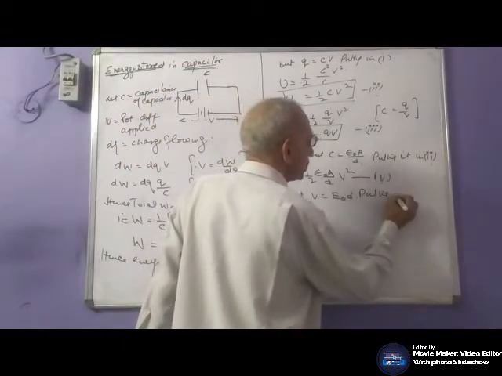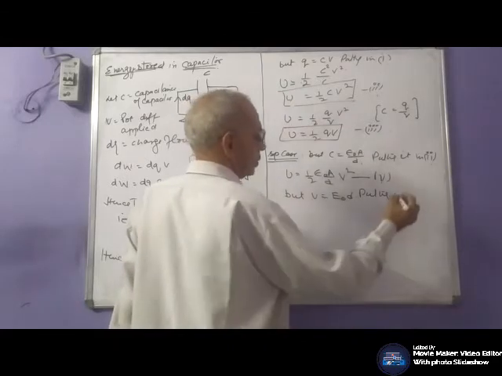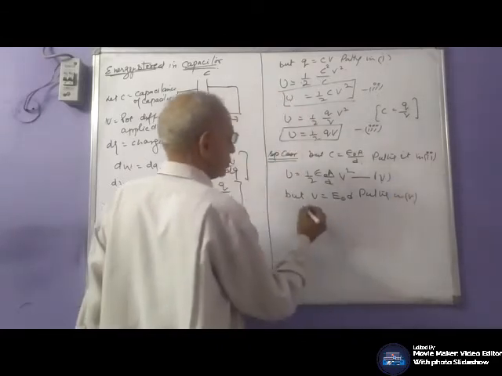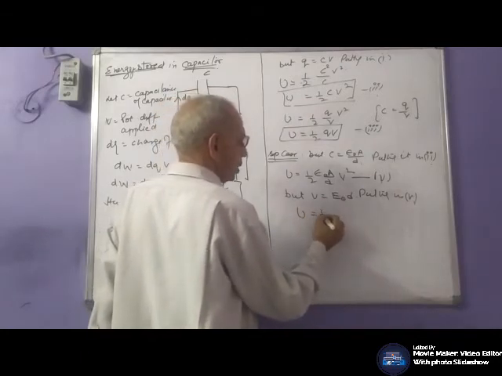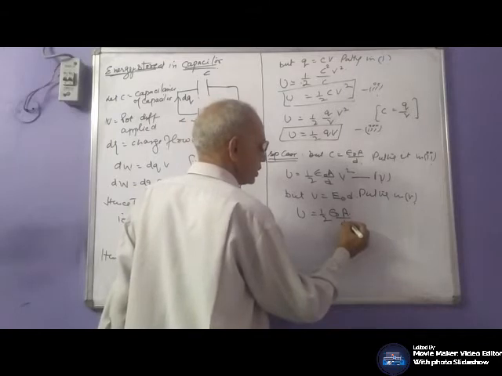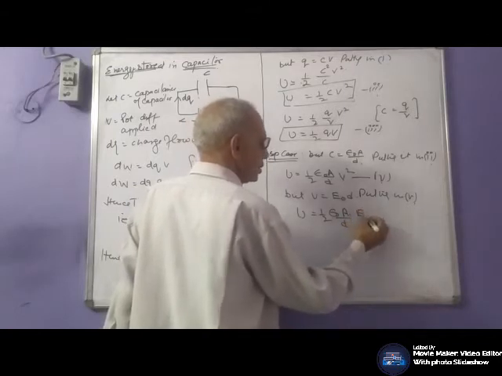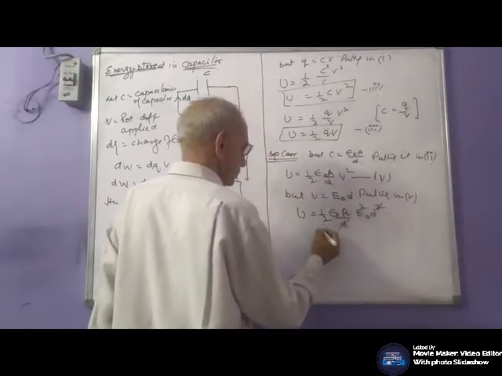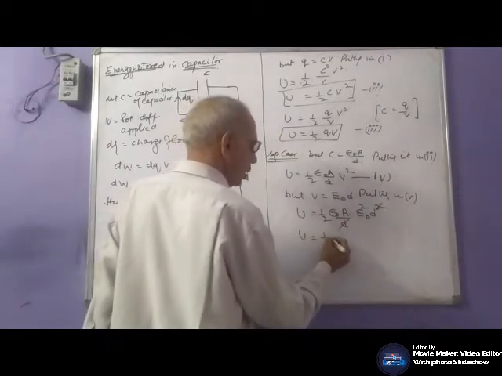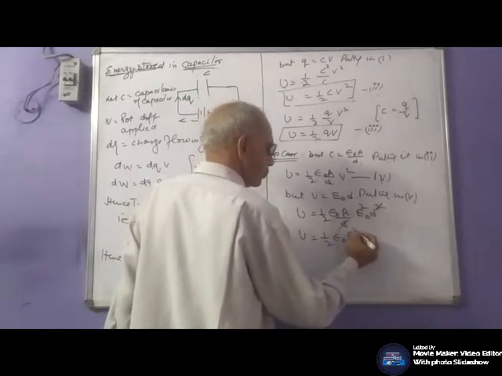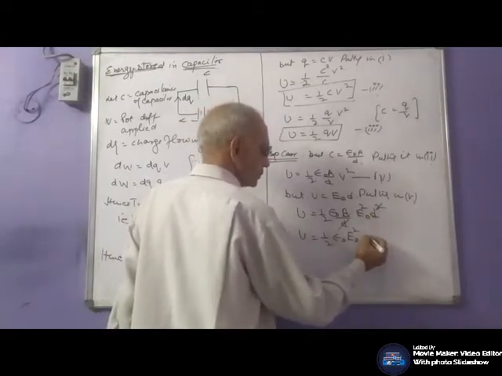Putting this in the fifth, U is half epsilon naught A by d times E naught square d square. This d goes with this d, so U is half epsilon naught E naught square times A into d.